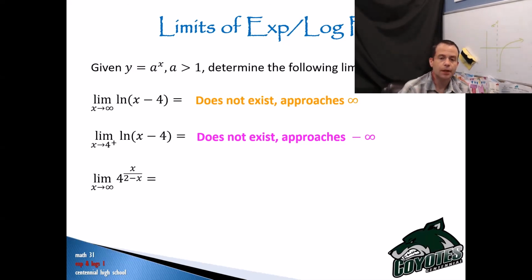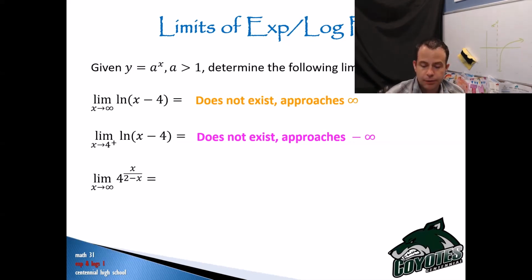Okay, and then the limit as x approaches infinity of 4 to the x over 2 minus x. So now we have a little bit more of a complicated exponent there. If I'm approaching infinity and I've got a rational exponent, we can divide everything by the highest power in the denominator.